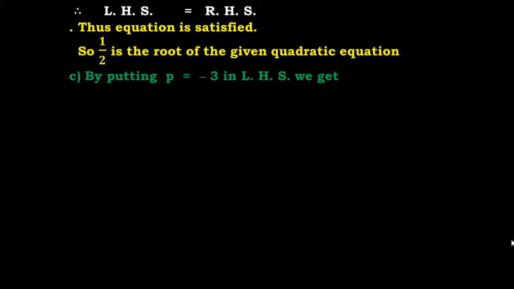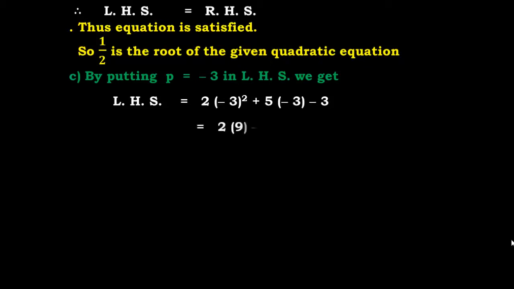Now lastly we have to put p equals minus 3 in LHS. So 2 into minus 3 the whole square plus 5 into minus 3 minus 3. Minus 3 square is 9. Remember, plus 9.